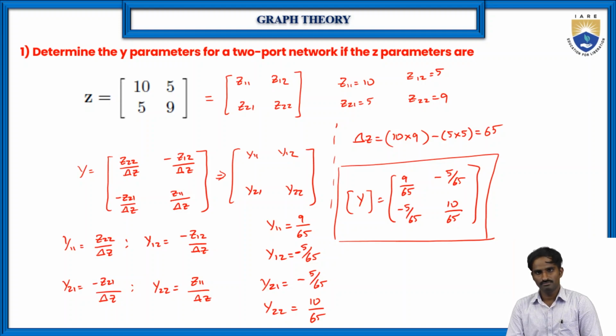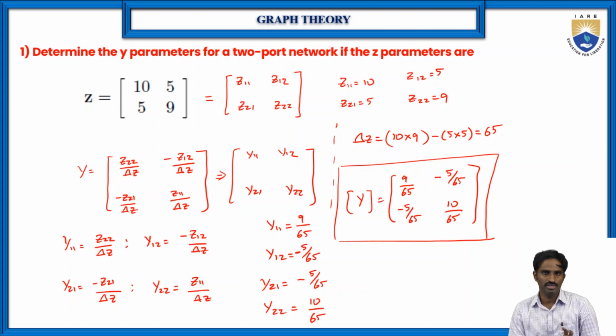So this is the way to find the required parameters by using some other parameters. How do we calculate it? By using the interrelation between the z and y parameters. In this way, you can find any parameters from any given parameters, because we know all the relations like z to y, y to z, z to ABCD, and z to h parameters, and vice versa.